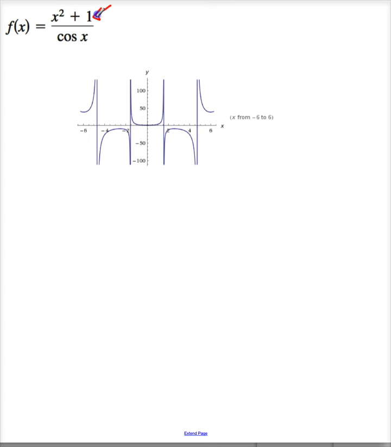This function is continuous over its entire domain, and this function is continuous over its entire domain. However, cosine is 0 at pi over 2, minus pi over 2, and then adding the odd multiples after that. So this is continuous over the entire domain of the function, but you see where cosine is 0, the function's not defined.